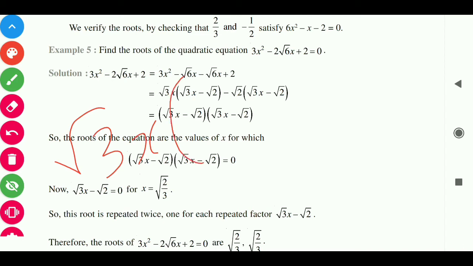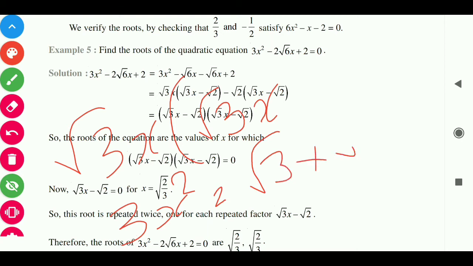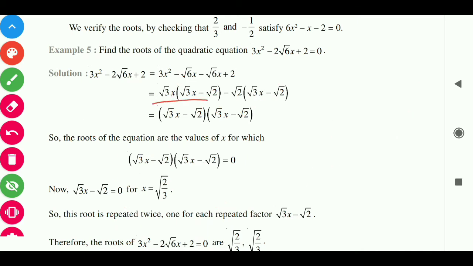Now taking common out root 3x from this term and minus root 2 from this term, we will get root 3x into root 3x, because 3x square is nothing but root 3 into root 3 x square multiplication. So root 3x into bracket root 3x minus root 2, because root 6 can be written as root 3 into root 2.